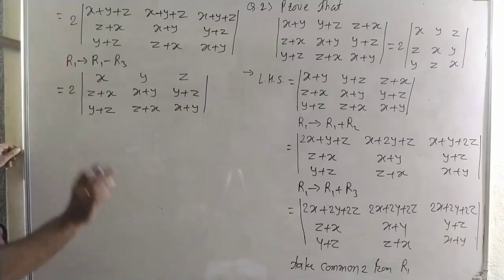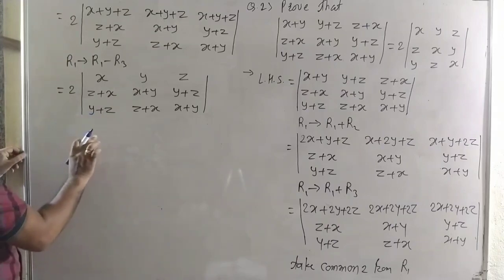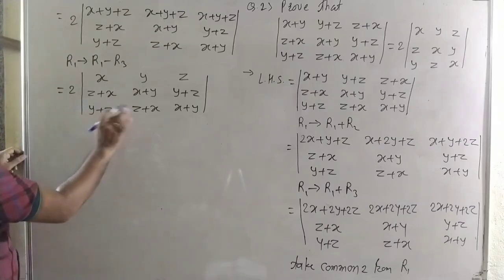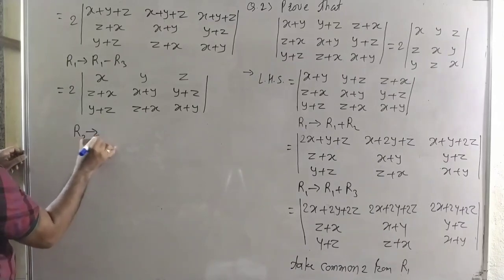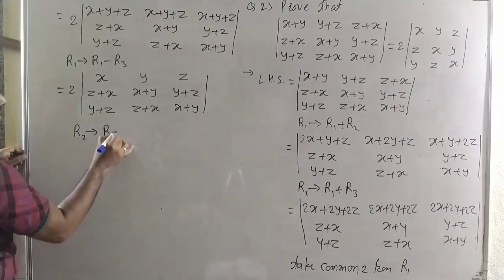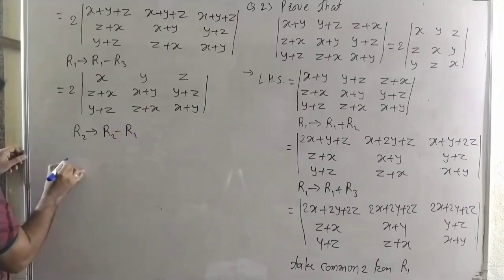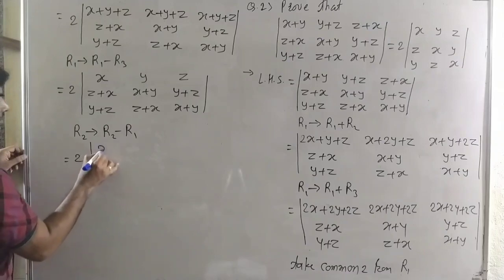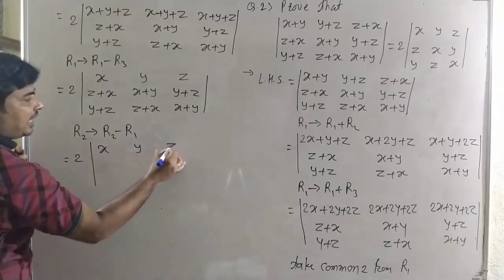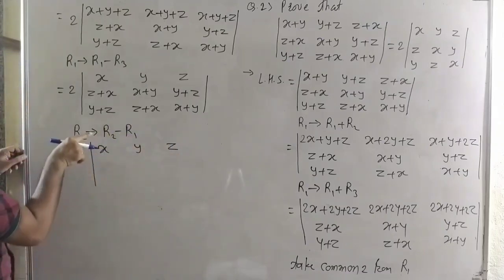R3 minus R1. We will perform two transformations in one step, or we will perform step by step. Okay. Here R2 minus R1. Then it is 2 into x, y and z as it is.